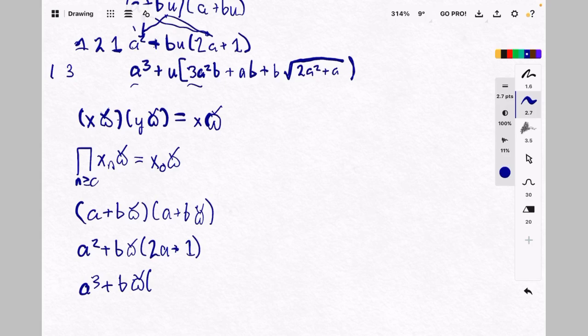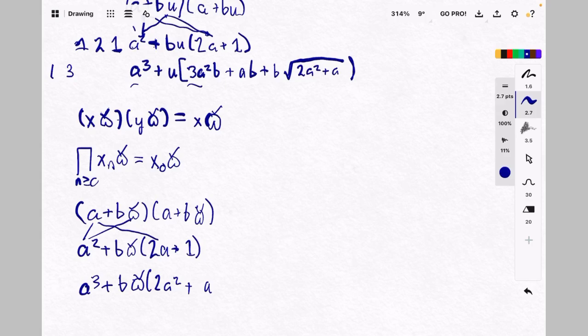And again, we'll go through the same pattern. So 2a plus 1 and another a. 2a squared plus a. And then, so we've done that. And we've done that. Now let's do a squared b.